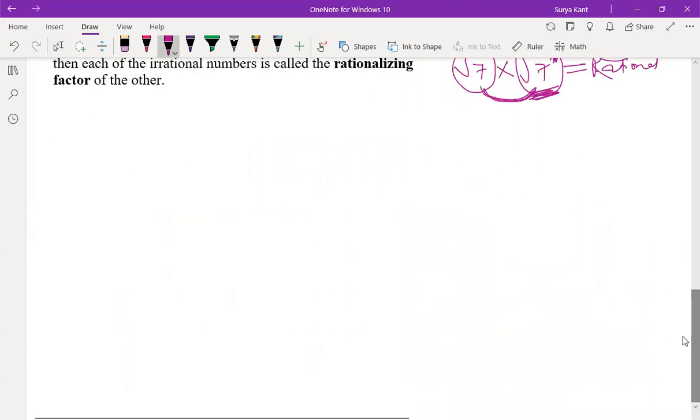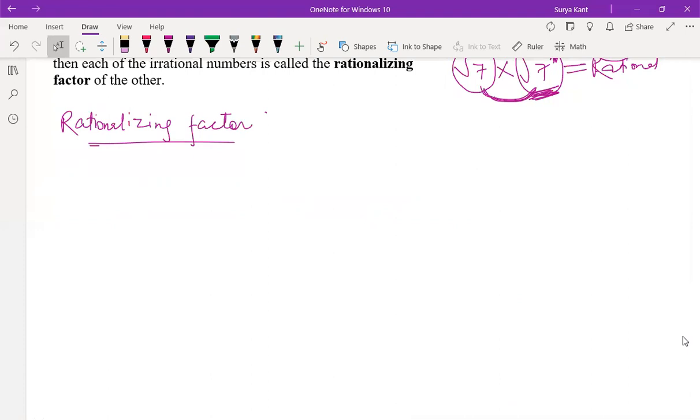Now we just discussed rationalizing factor. The number which is going to be multiplied with this number and becomes rational. So irrational number and irrational number becomes a rational number.